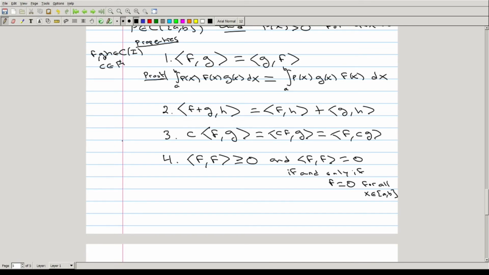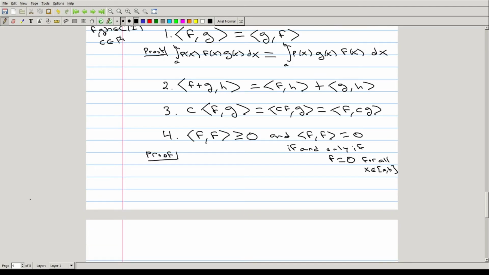And these properties can all be shown using standard integral properties. So I know I said I wouldn't prove any more of these, but I will go over 4 just to take home this message that we're going to be using a lot. If you take, for instance, the inner product of f with itself, you end up getting the integral from a to b of p of x times f of x squared. P of x is a positive function.